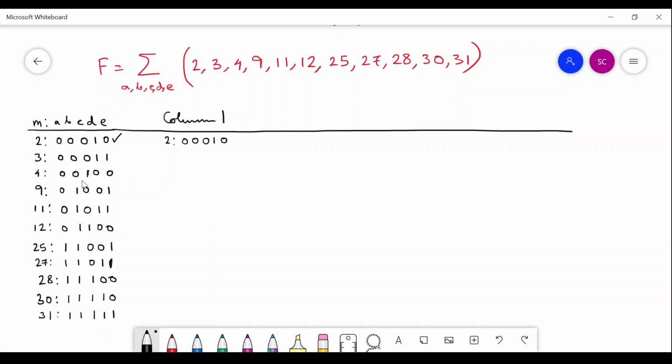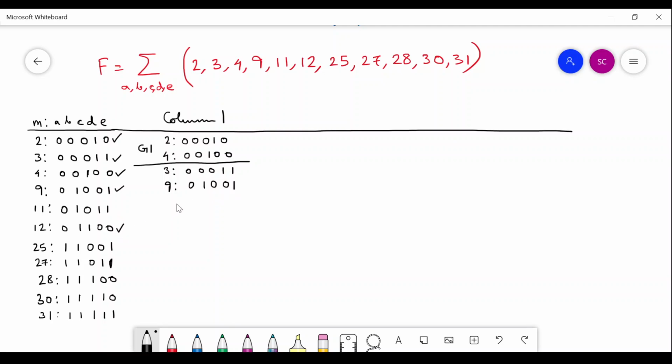Then 4: 0 0 1 0 0, put a tick mark. Then no other entries can come to G1, so you put an ending line. Then G2, so this is one entry of G2, 3 is 0 0 0 1 1. Then this is another entry, 9, which is 0 1 0 0 1.